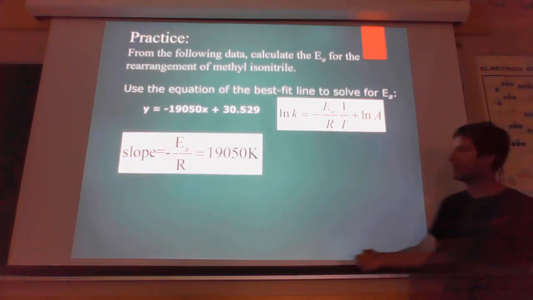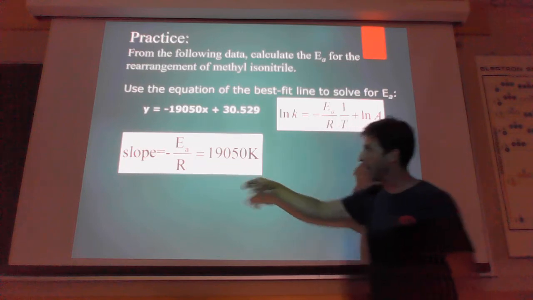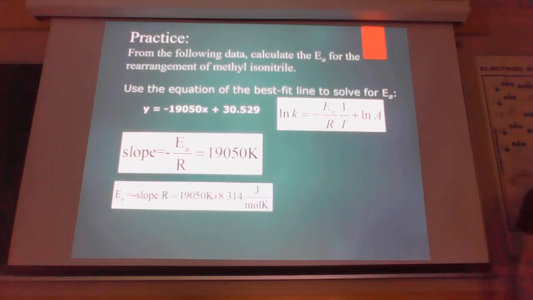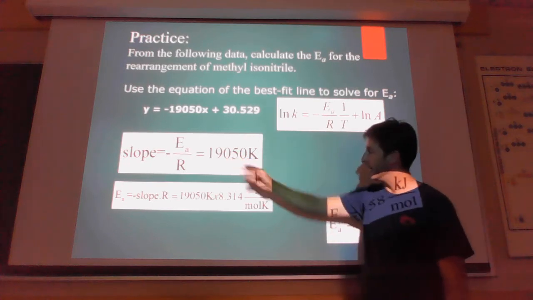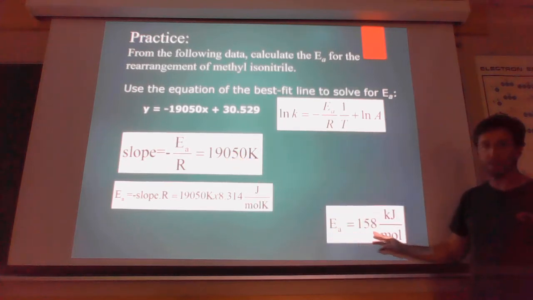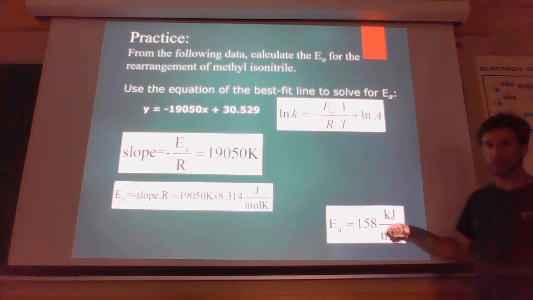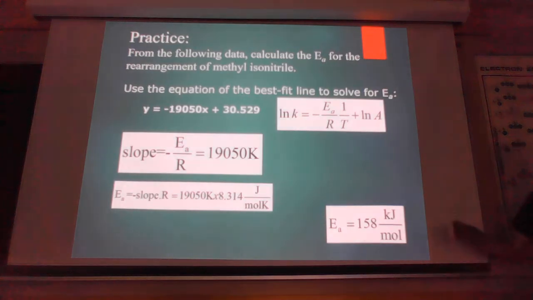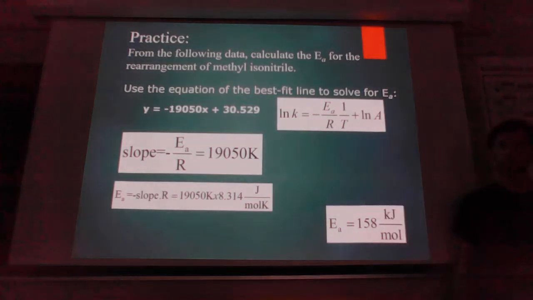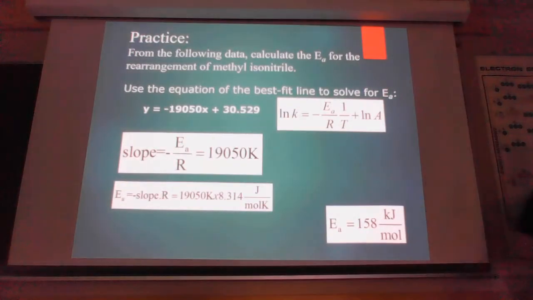So I can just set up the slope equals negative EA over R, and solve for E sub A. When you solve for it here, it's going to come out to be probably 158,000. That would be in joules. But if you convert it to kilojoules, you should get 158 kilojoules. That's the activation energy for the reaction that was studied with the previous data on 1 or 2 slides ago.